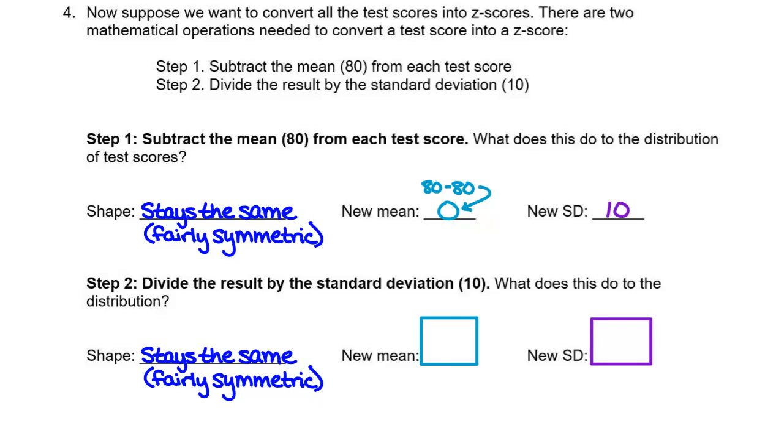What's going to happen to the mean? What happened to the mean on the other side when we doubled everybody's scores? They all doubled. Here I'm taking everybody's scores and dividing instead of multiplying. Will that affect the mean?